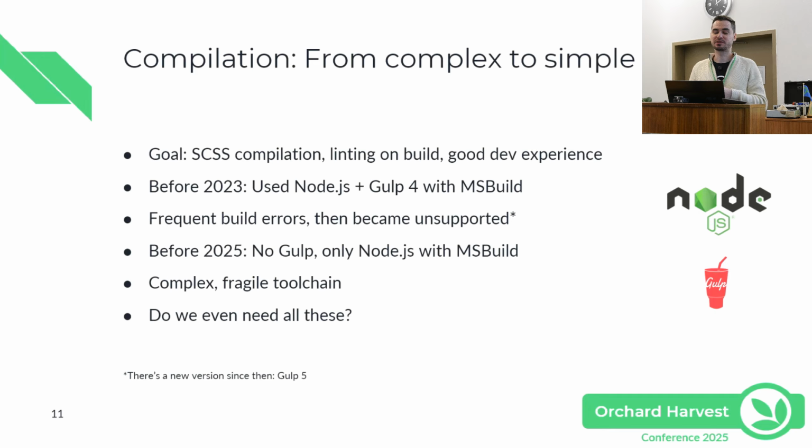And without Gulp, we only used Node.js and an MSBuild toolchain to reproduce the same linting, SCSS compilation, whatever, so we could have the same good developer experience. It worked. There were very few errors on client machines and the new developer's machine, but it was fragile.